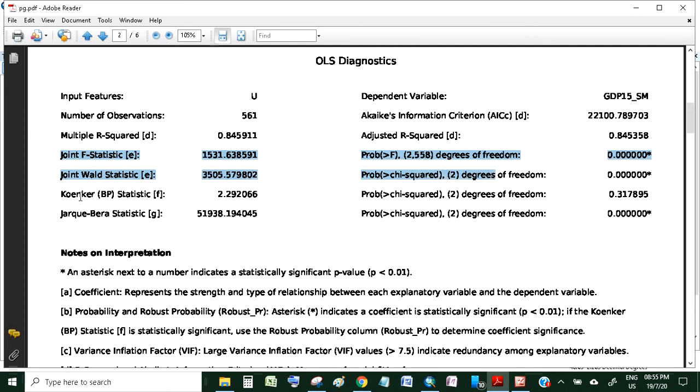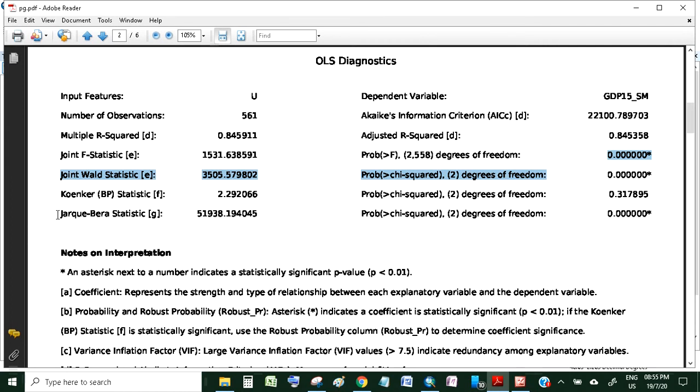If the null hypothesis is not rejected, it means your data is stationary and you can see the F statistic here. If it is rejected, then you have to see the Wald statistic. So in both cases the result is perfect in favor of the model.